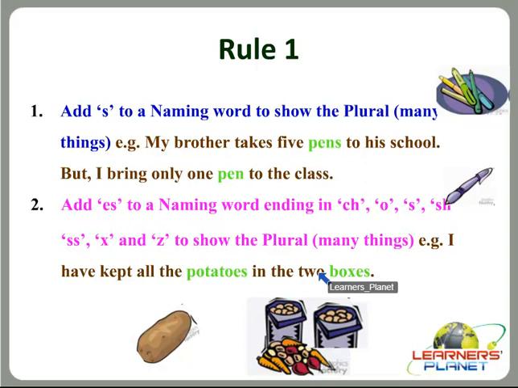So it becomes B-O-X-E-S, boxes. Similarly, students, potatoes. Potato is 1, potatoes becomes plural, more than 1. Add es to words ending in o. So, potato, es, potatoes. Now students, let me show you how all this takes place.